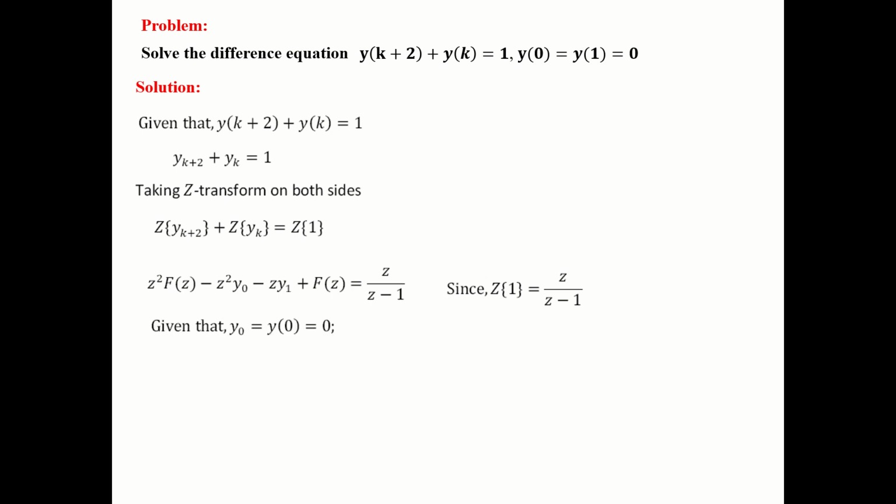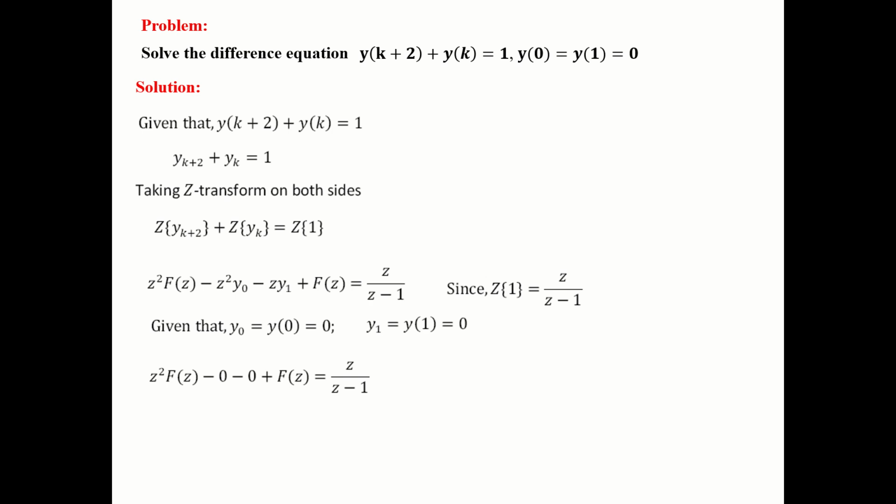Given that y(0) is equal to 0 and y(1) is equal to 0, substituting those values, z square into F(z), the second term 0, the third term 0, plus F(z) is equal to z by z minus 1.